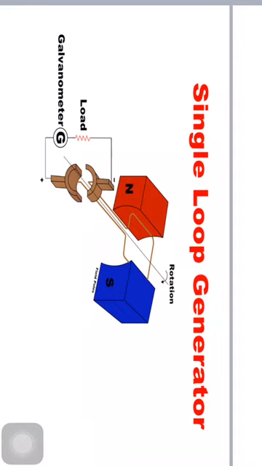The rotating coil is called the armature, and the magnet bars are called the field magnets.